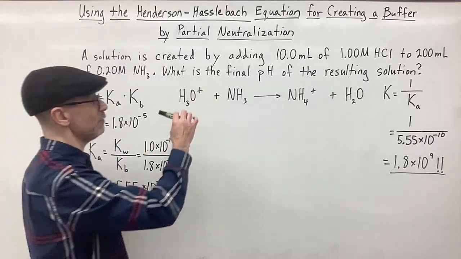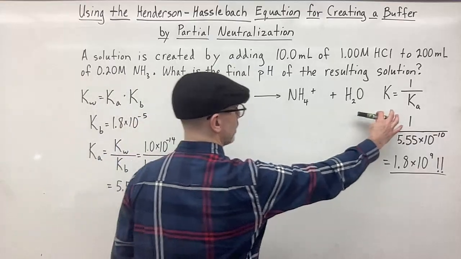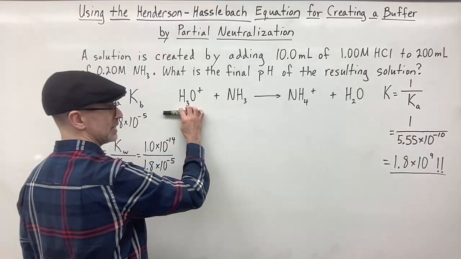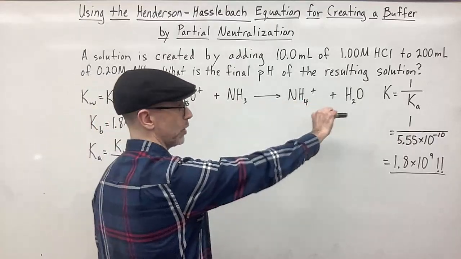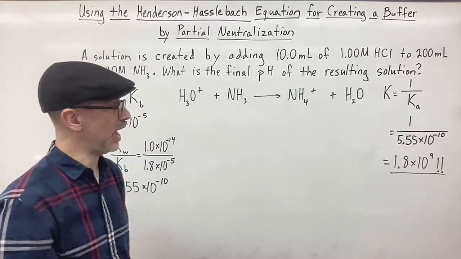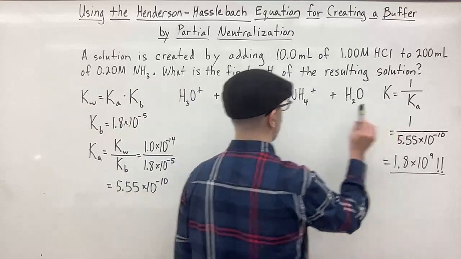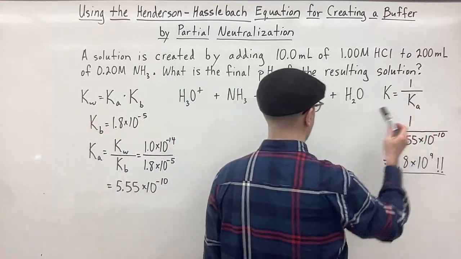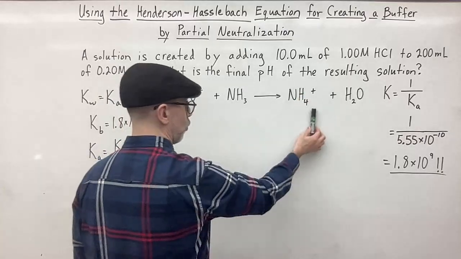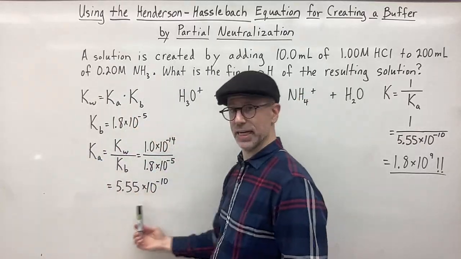And so if we recognize that going this way, the K value is Ka, therefore, the K value going the other way is going to be the reciprocal of that. So K for this reaction is 1 over the Ka of NH4+, which we just calculated here.